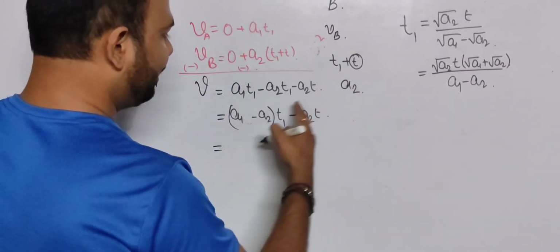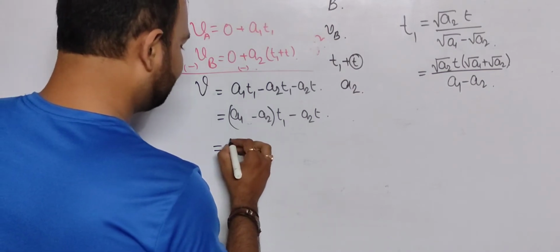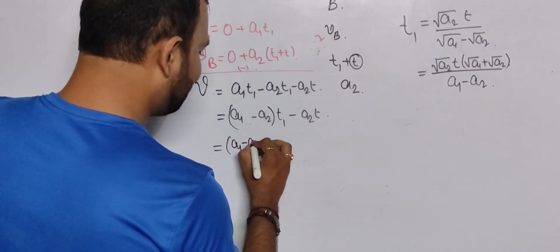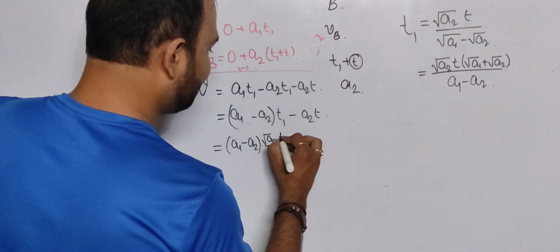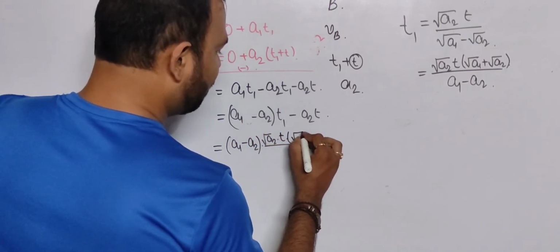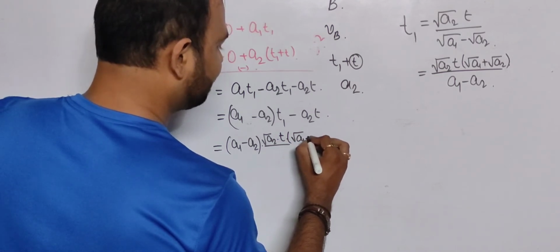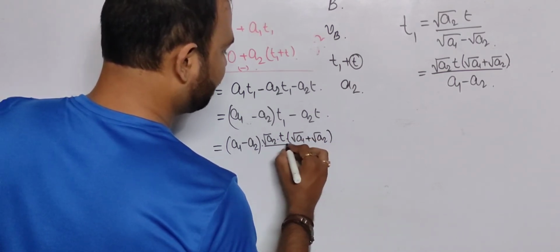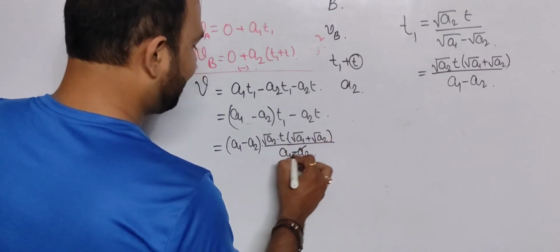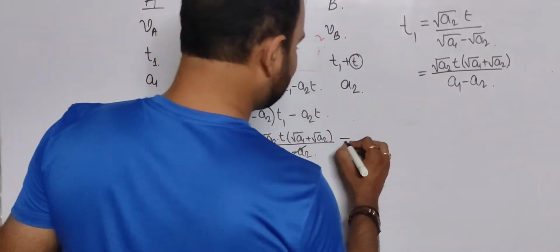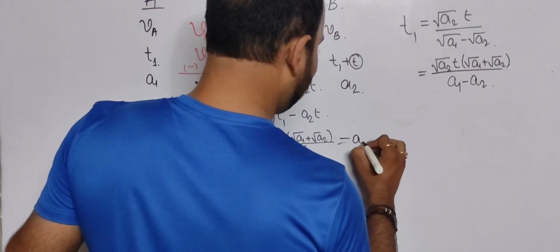So what will be the expression? a1 minus a2 into root over a2 t into (root over a1 plus root over a2) divided by a1 minus a2. a1 minus a2 cancels out, minus a2 t.